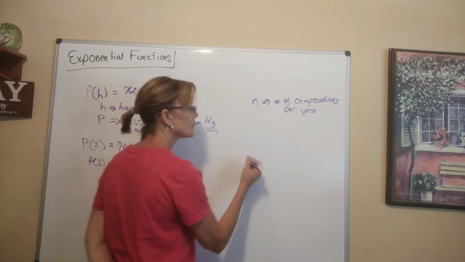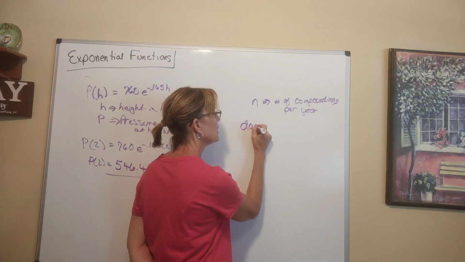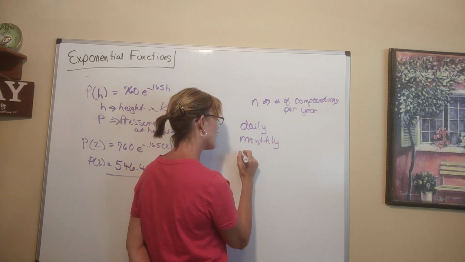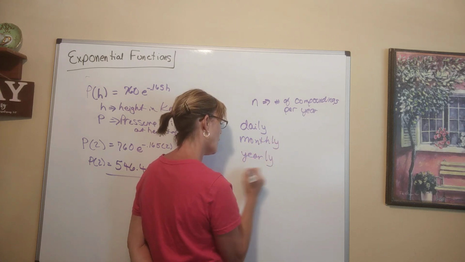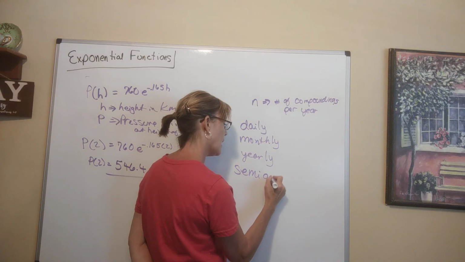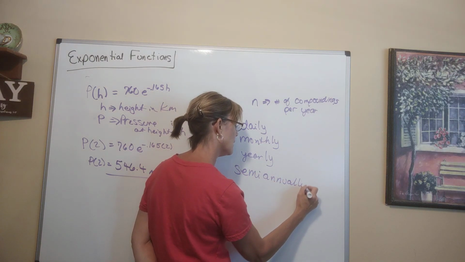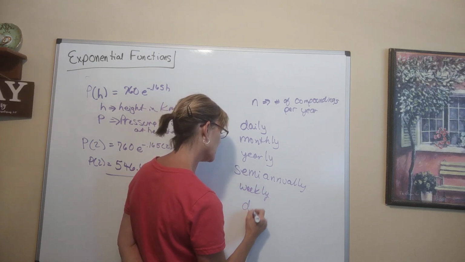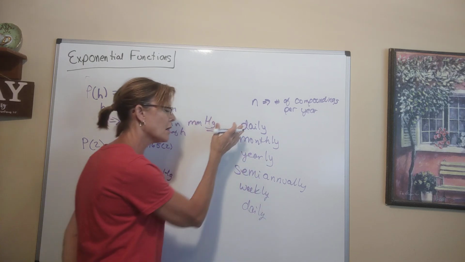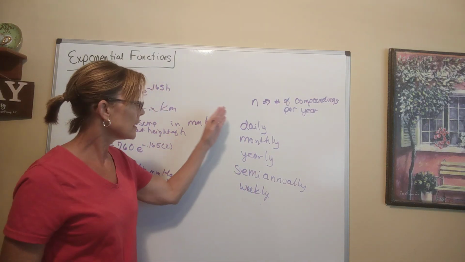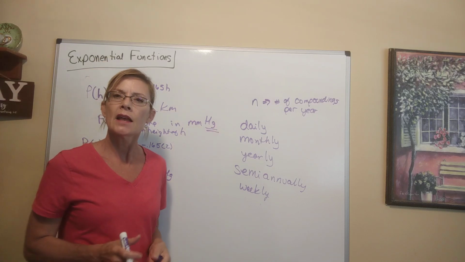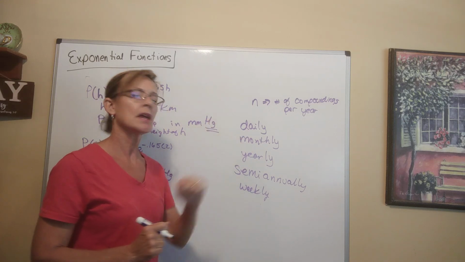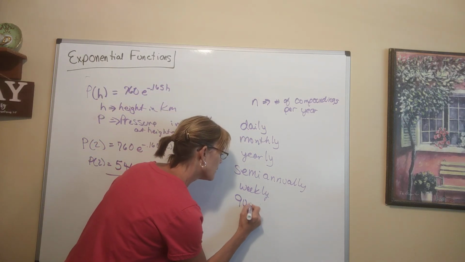If they say something is compounded daily, or monthly, or yearly, or semi-annually, or weekly, or quarterly, when you read this word, something's compounded, that is telling you that there is a variable called n in here, and n is equal to this many times per year.